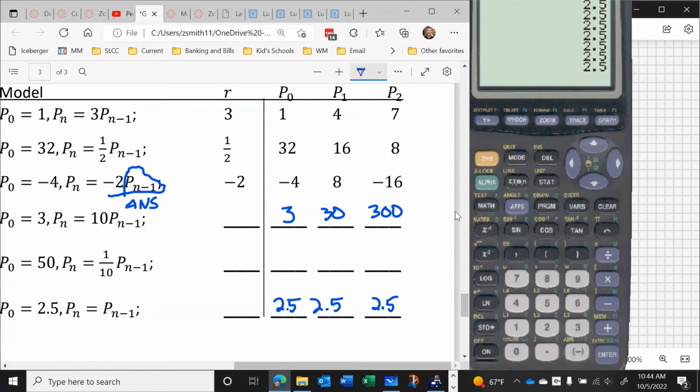Interesting. Now, to spot the R value, notice the R is the coefficient of this p sub n minus 1. So this is saying to find the next value, take the previous value and times 3.